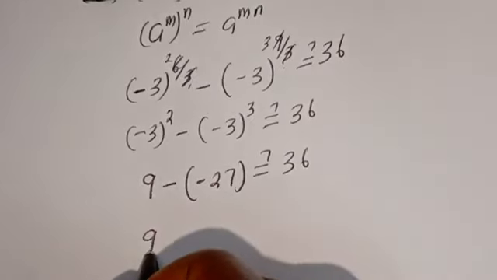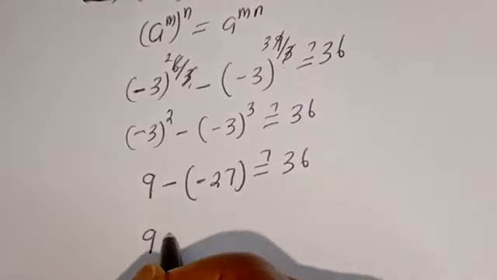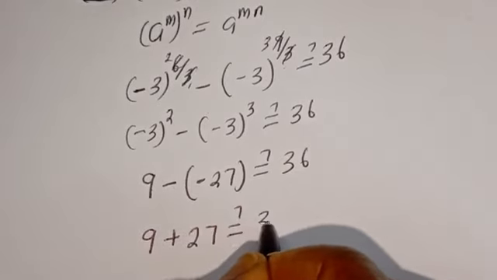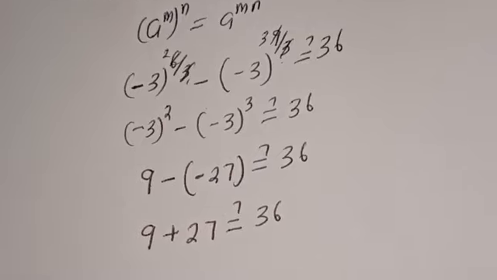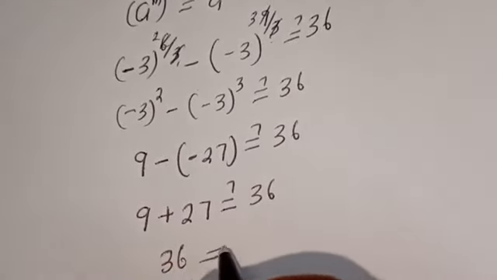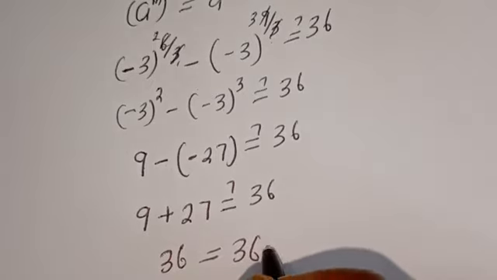And here 9 minus times minus 27 is plus 27. Now 9 plus 27, this is 36, is equal to 36, which is true.